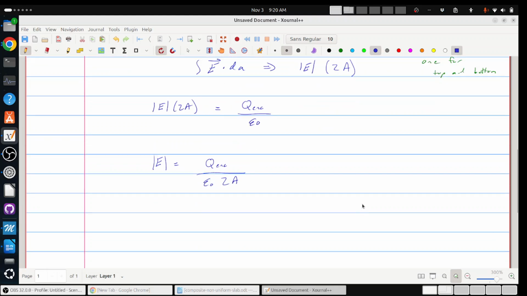Like most of the problems that we've been dealing with, it's finding that Q enclosed that we have to worry about.